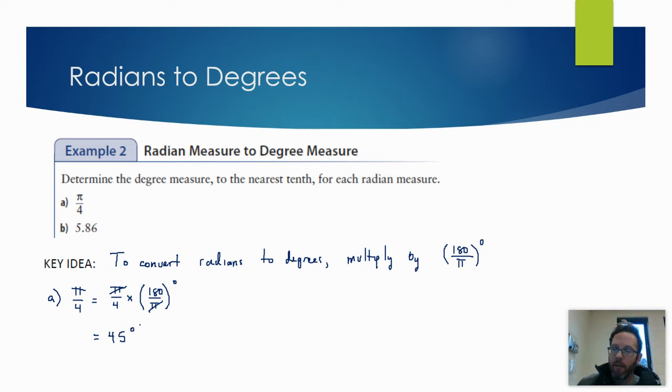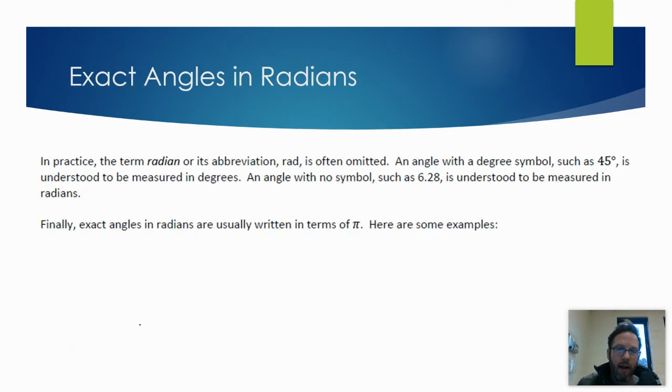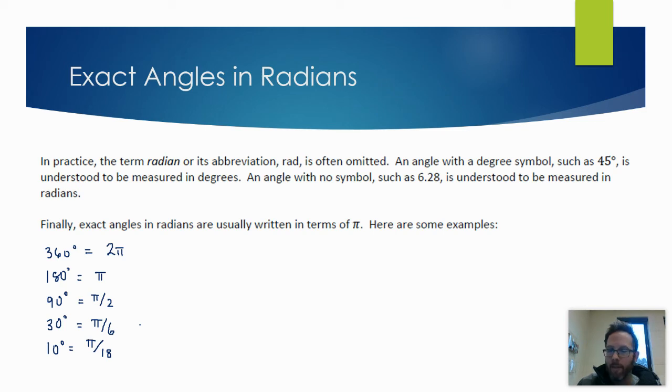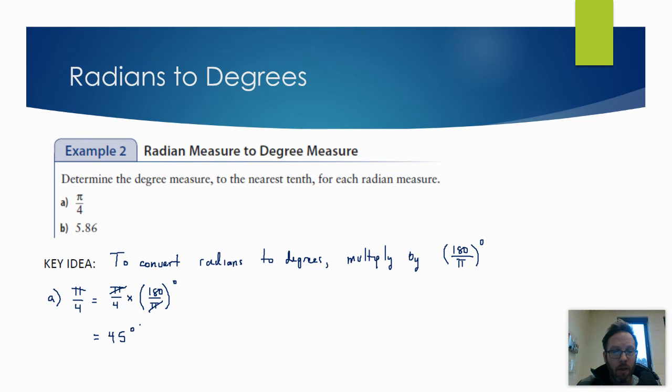Pi over 4 radians is exactly 45 degrees. If 180 degrees is pi, 45 degrees is exactly a fourth of 180, so it makes sense. It's exactly pi over 4 radians. And so that was exact. No need to do any rounding.